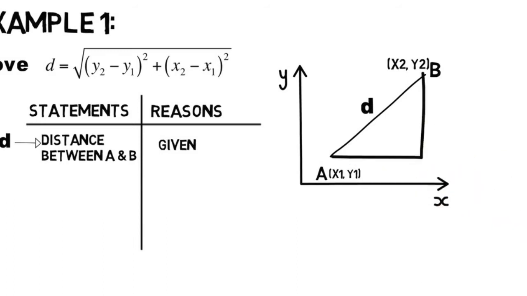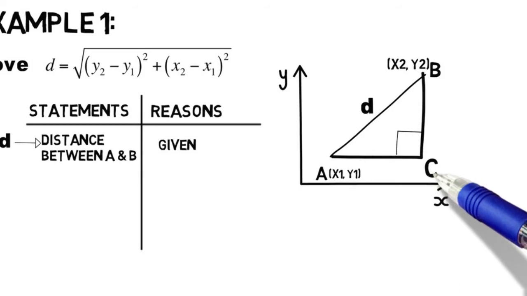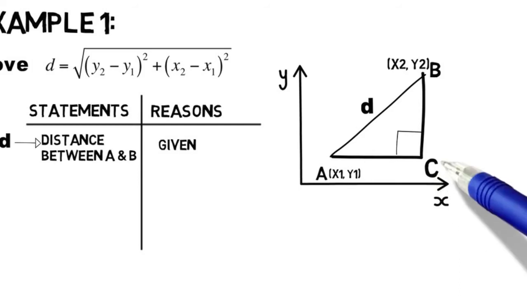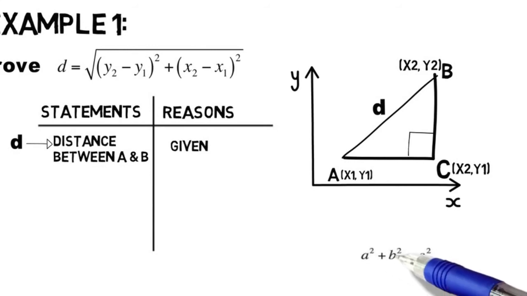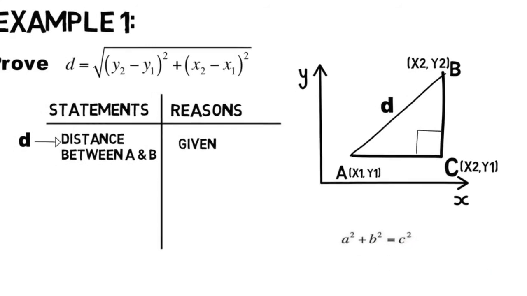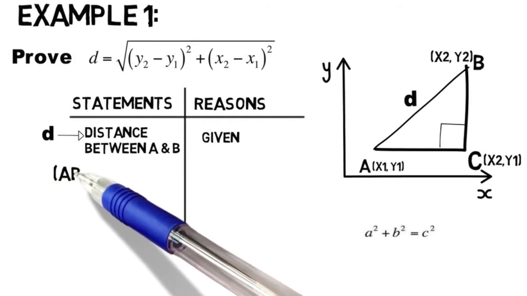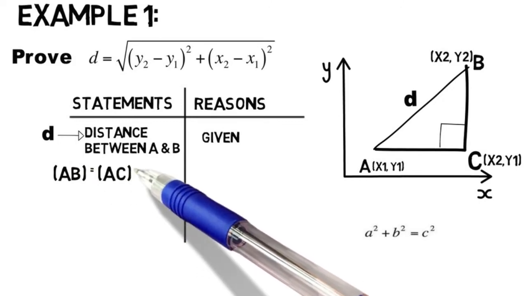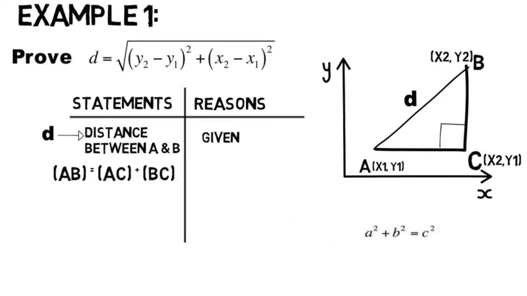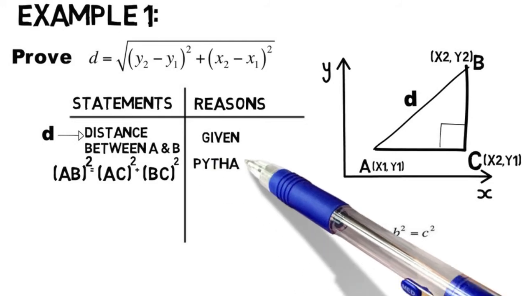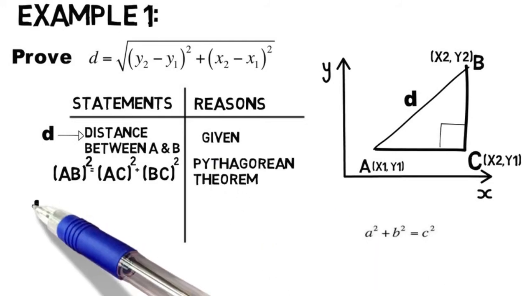And so if we were to add another point, C, in order to form a right triangle, based on its position, we can see that it would have the same x-coordinate as point B and the same y-coordinate as point A. Now we know the Pythagorean theorem is true, so using what we know to be true, we can make the inference that AB squared, the hypotenuse, equals AC squared plus BC squared.